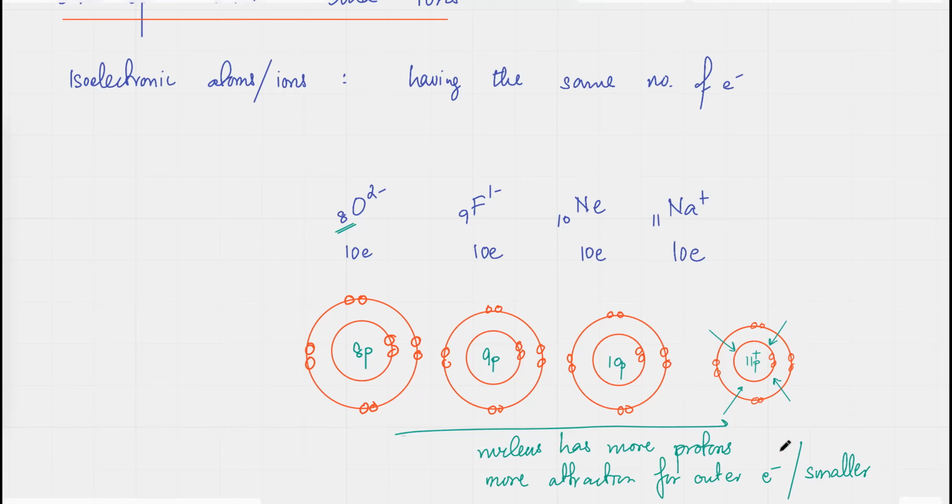Yes. Sure. So that's one thing. Remember this. Remember about isoelectronic atoms and ions. You just focus on the number of protons. Forget the charge, forget everything. The electrons are the same. This one has more protons, so obviously there's going to be more attraction. Just focus on the number of protons in the nucleus.